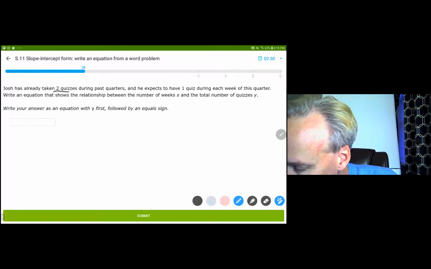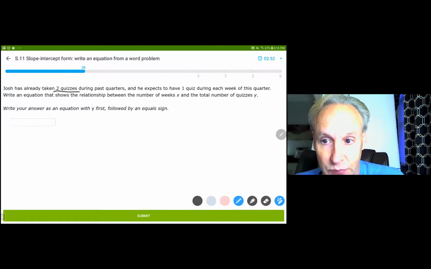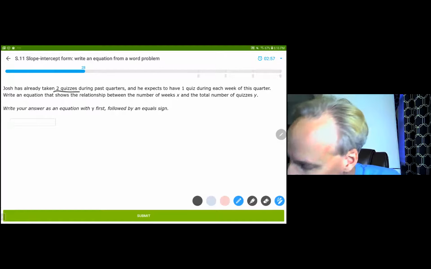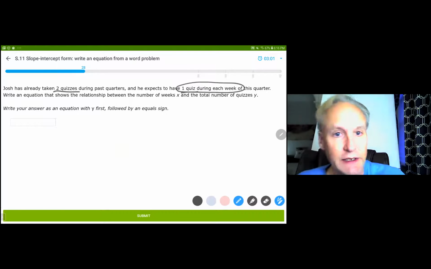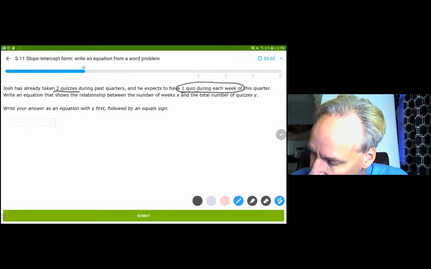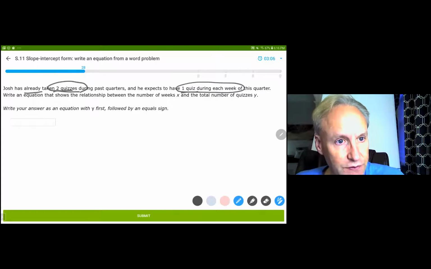He has already taken 2 quizzes. That's his starting point. And that's an important idea. And then he expects to have 1 quiz each week. This is the rate of change. This 2 that's already done is what he starts with. So he starts with 2 quizzes.